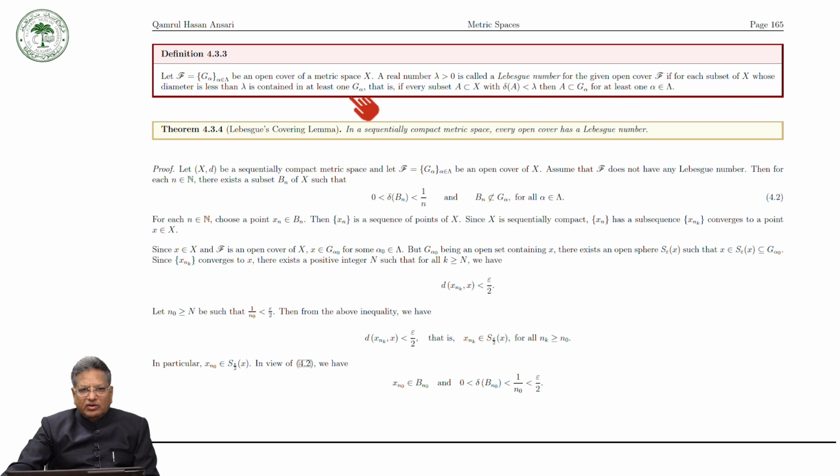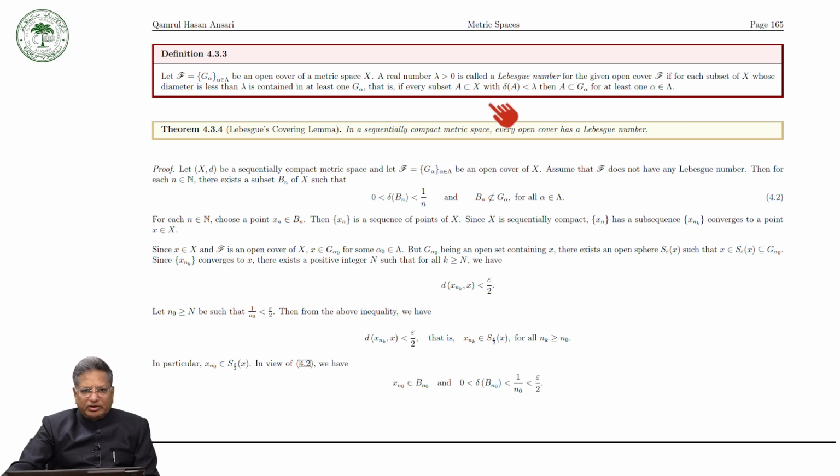That is, for every subset A whose diameter delta of A is less than lambda, A must be a subset of G alpha for at least one alpha in Lambda. This way we define a Lebesgue number.